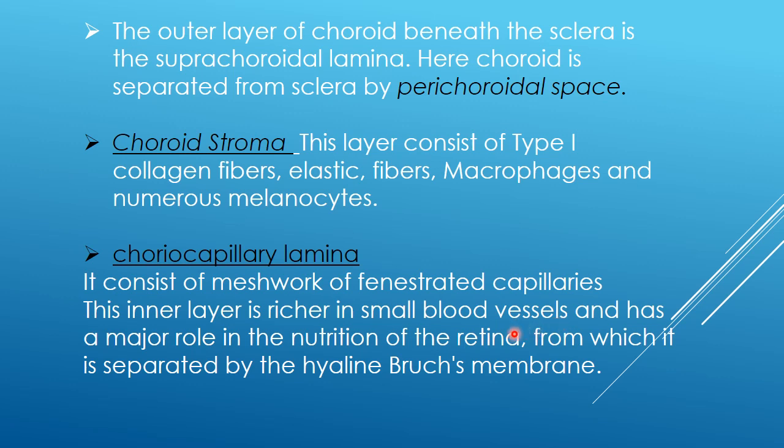In between these capillary networks, the area is occupied by delicate collagen and elastic fibers, and fibroblasts and melanocytes are also present. But the main and very important component here is the bulk of small blood vessels, which are fenestrated capillaries, in this choriocapillary layer.